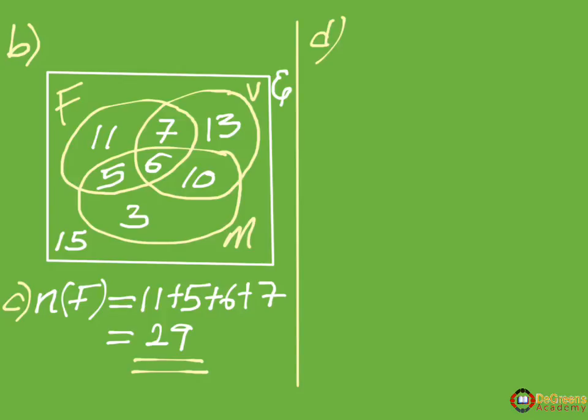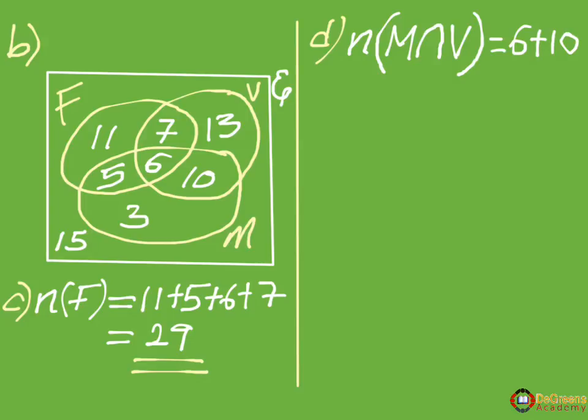And D, we are asked to find the number of times the patient ate meat and vegetables. That is the same as the cardinal number of M intersection V, which would be 6 plus 10, which gives 16. The E part, we are asked to find the number of times the patient ate meat and fish only.